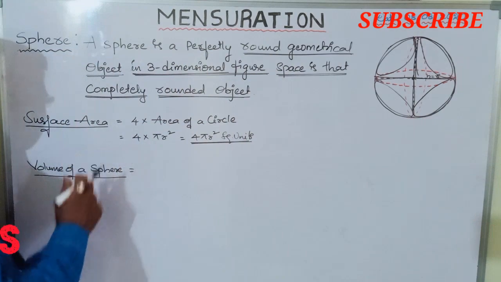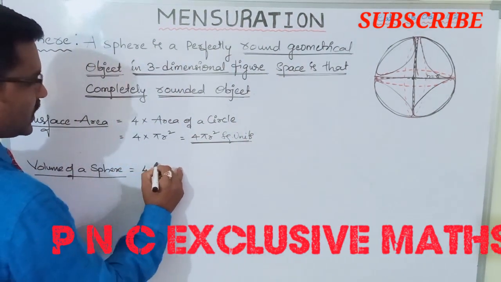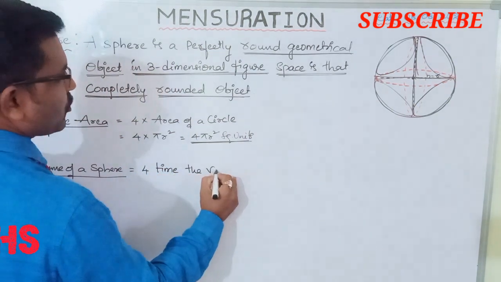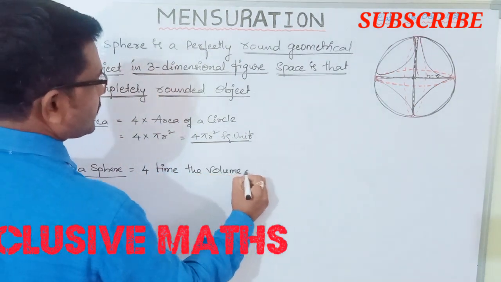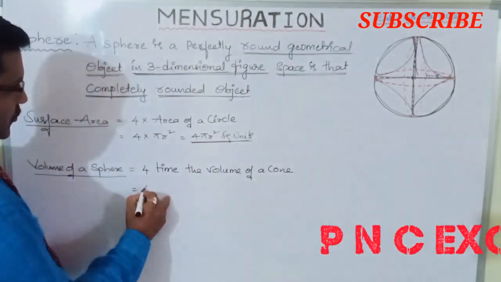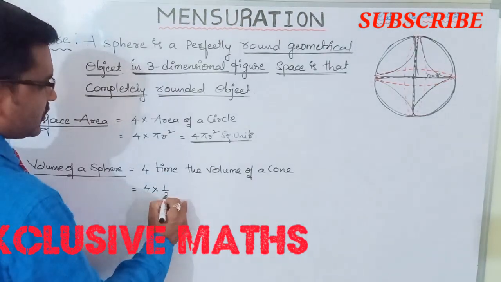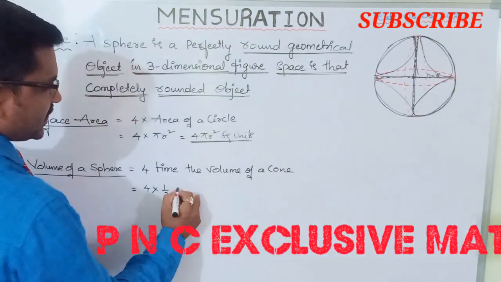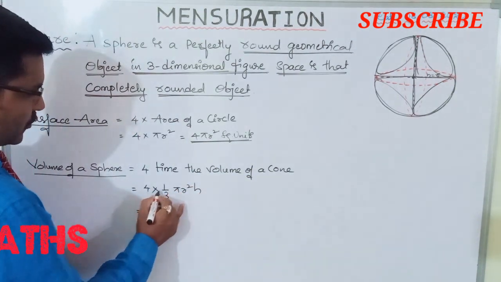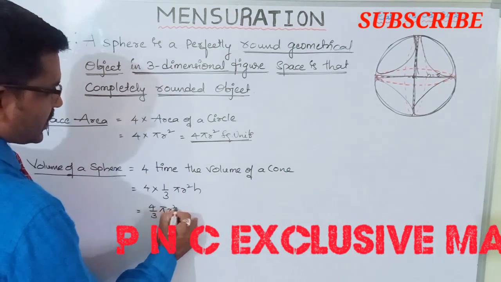So the volume of the sphere is equal to 4 times the volume of a cone. The volume of a cone is 1/3 pi r square h. So 4 into 1/3, that is 4/3 pi r square.